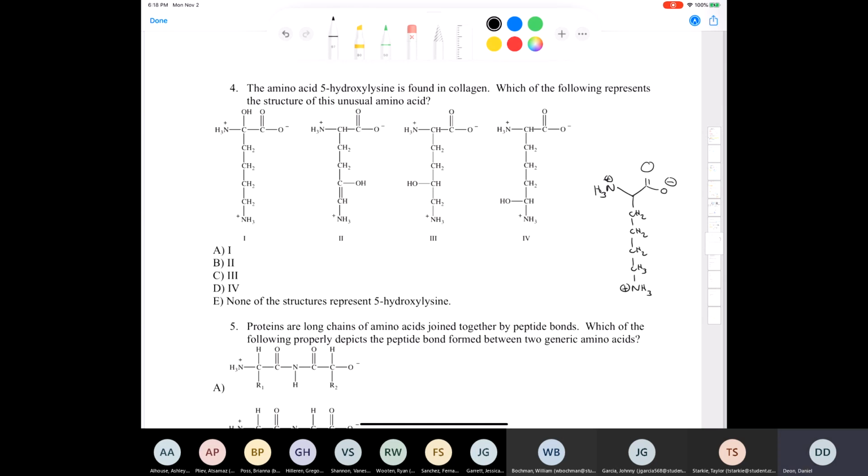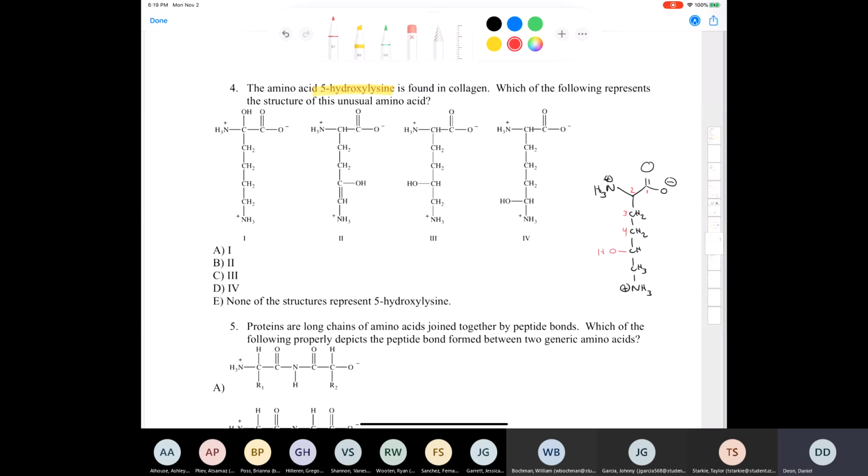Okay, so the question becomes, which one of these is the 5th carbon? Well, we always start numbering at the most oxidized carbon, so this would be carbon 1, 2, 3, 4, 5. Since this is the 5th carbon, that is where our hydroxyl group will be.